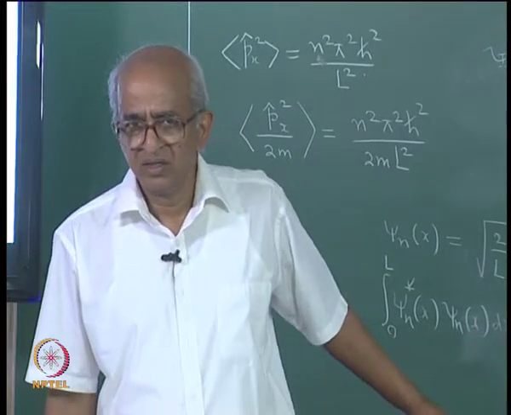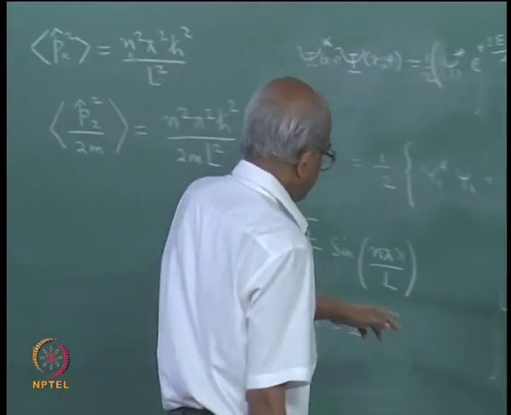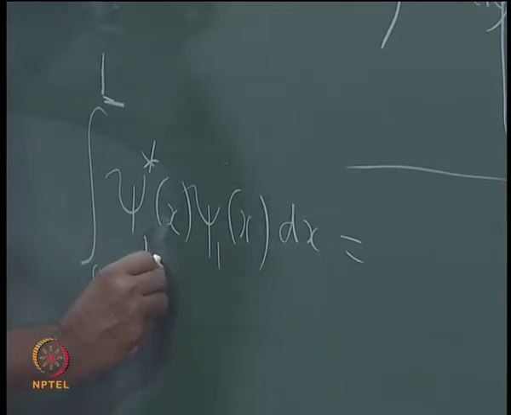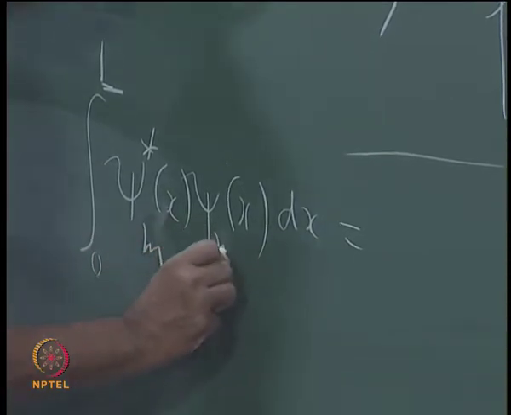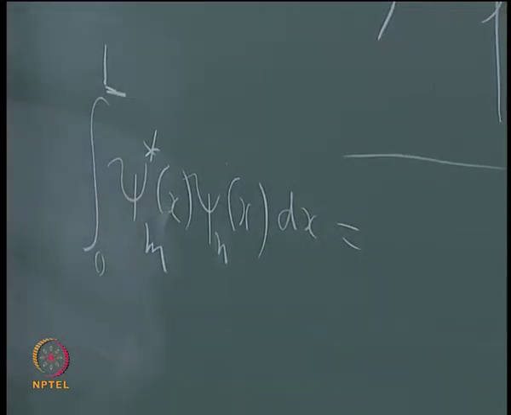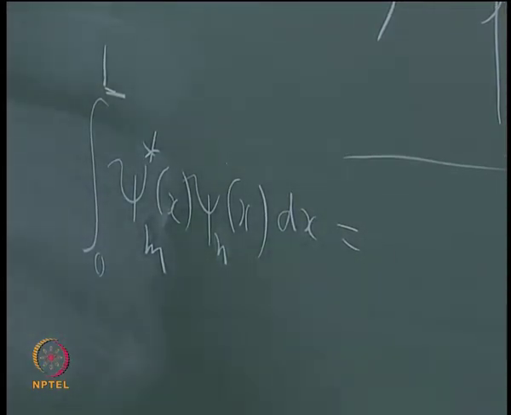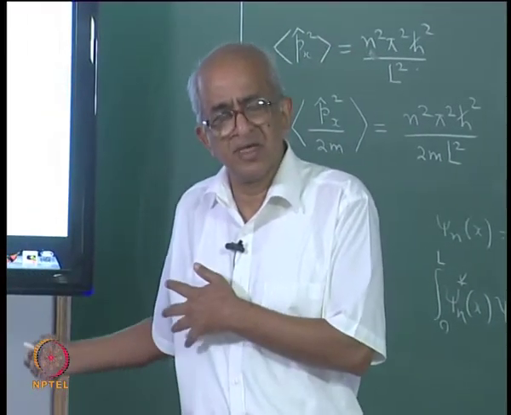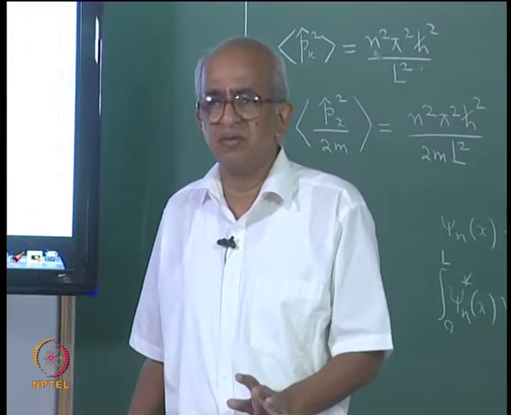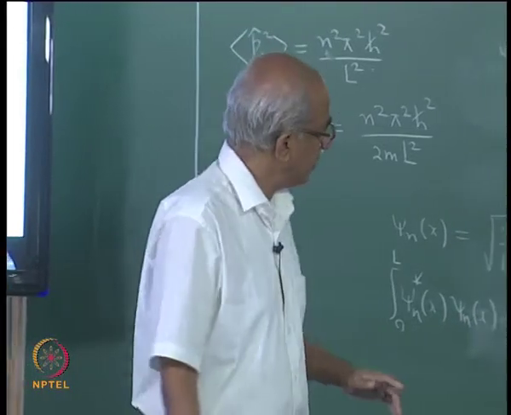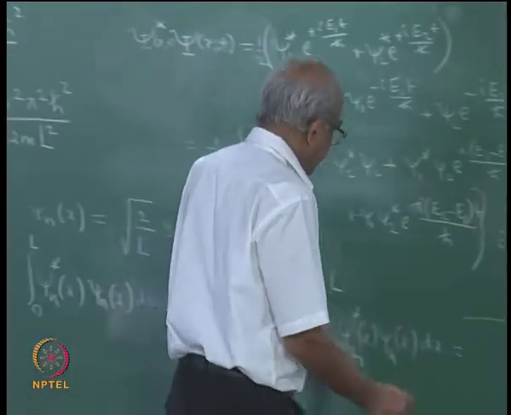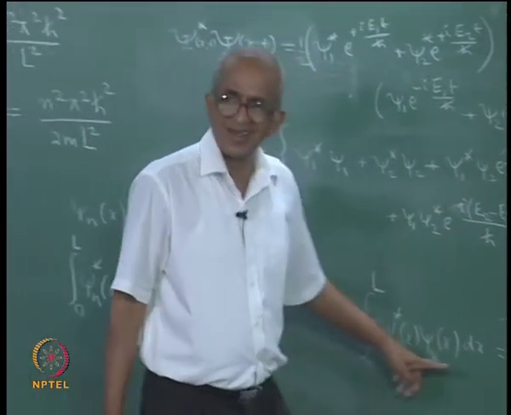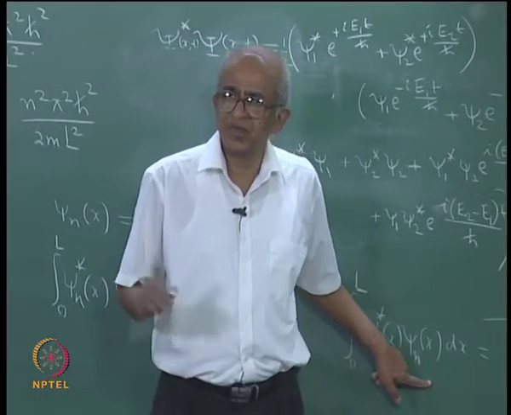Okay. There is no speciality as far as 2 and 1 are concerned. You can take the mth state function, multiply it by the nth one, as long as m is not equal to n. These are simple functions, the integrals are not very difficult to perform, and if you perform that, you will find that this integral is always 0 as long as m and n are different.